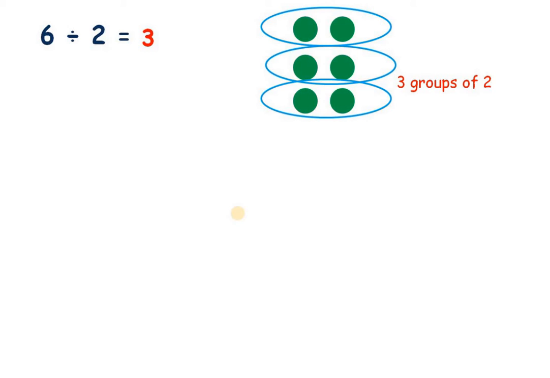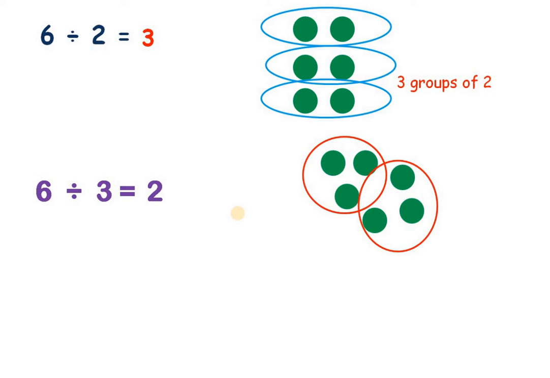If you remember in the previous slide, we had 6 divided by 3 equals 2. What is the relation between those numbers? If you look at the numbers carefully, you will find a related multiplication fact. Do you remember the multiplication equation? 2 times 3 equals 6.